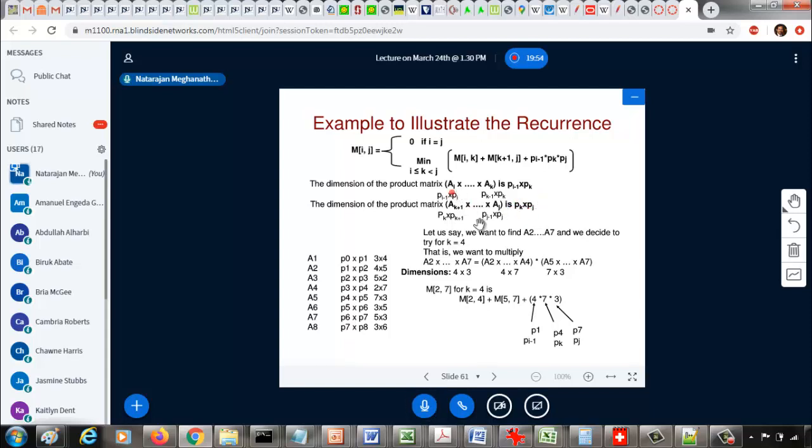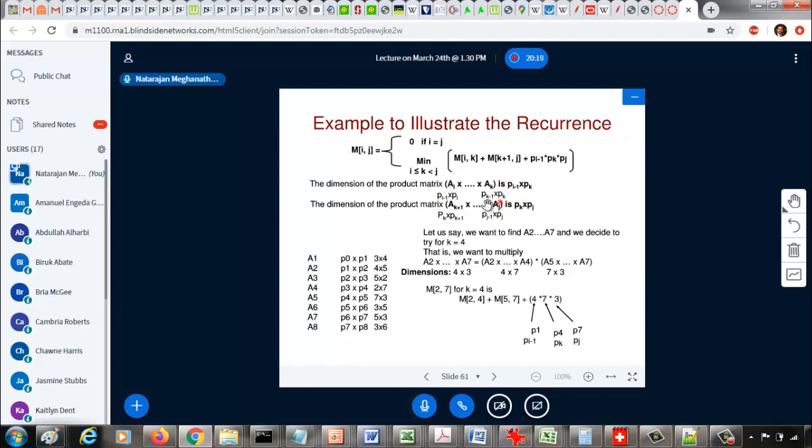Now if you multiply these two subchains, Ai to Ak is one product matrix, A(k+1) to Aj is one product matrix. The resulting product is going to be of dimension p(i-1), and pk is the common dimension here. And so p(i-1) times pj is going to be the dimension of this product of the chain from Ai to Aj.